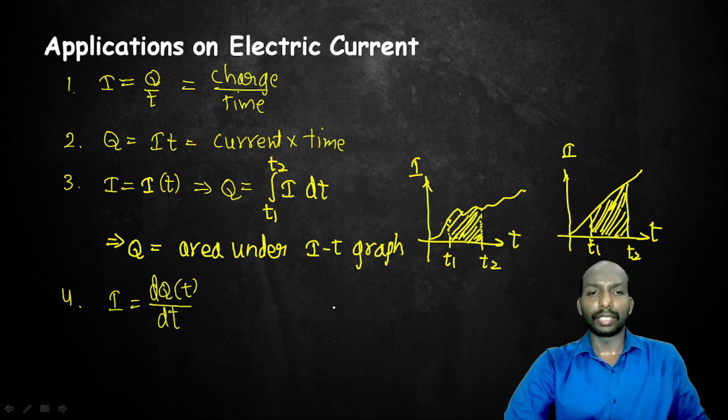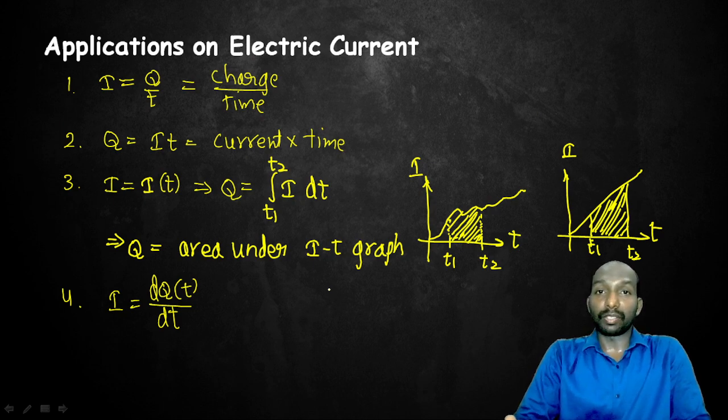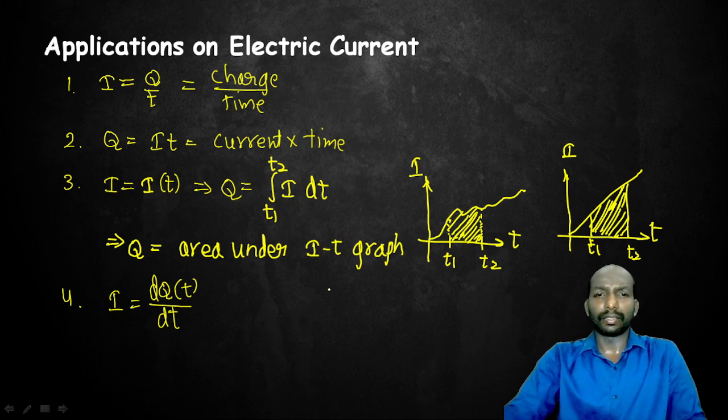Here the amount of charge crossed depends on time. The amount of charge is not a constant, it depends on time. In that case, to find the electric current, we can simply take differentiation.